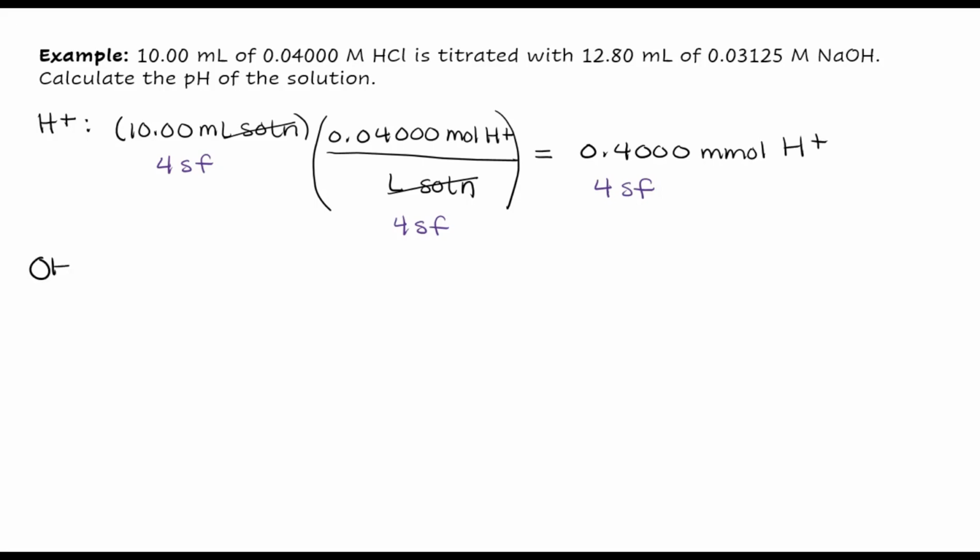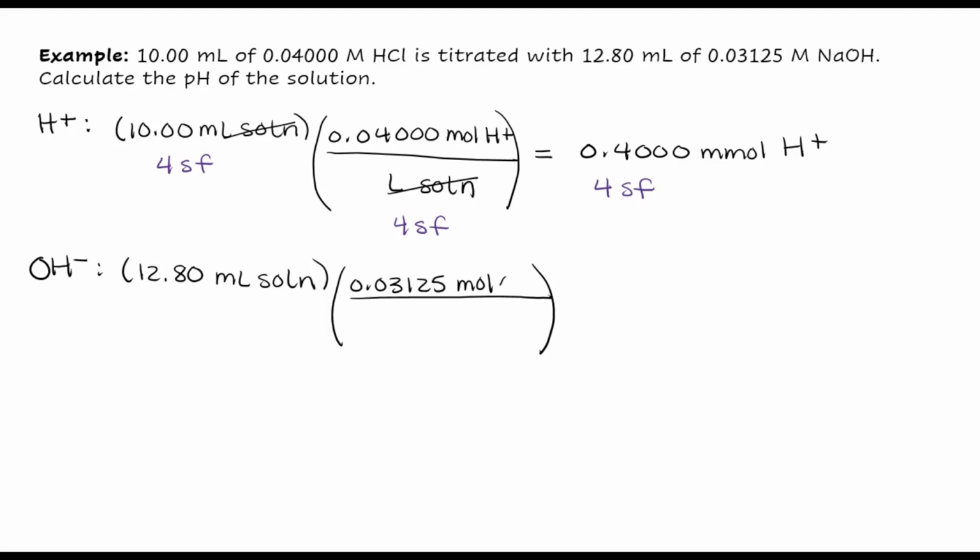For our hydroxide, we start with 12.80 milliliters of solution and multiply by our hydroxide molarity, 0.03125 moles of OH minus per liter of solution. Liters of solution will cancel.